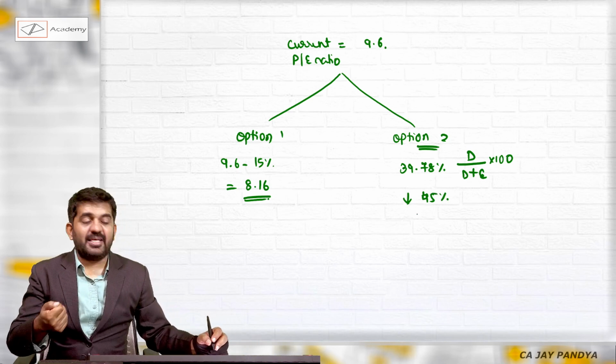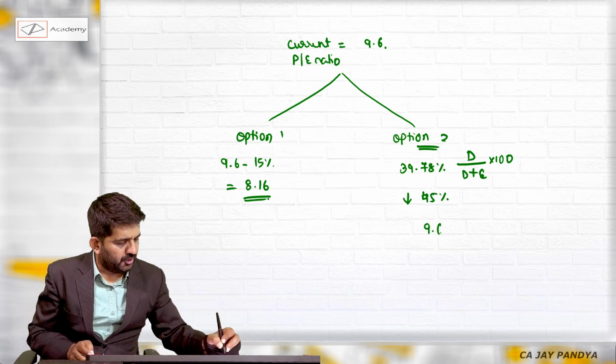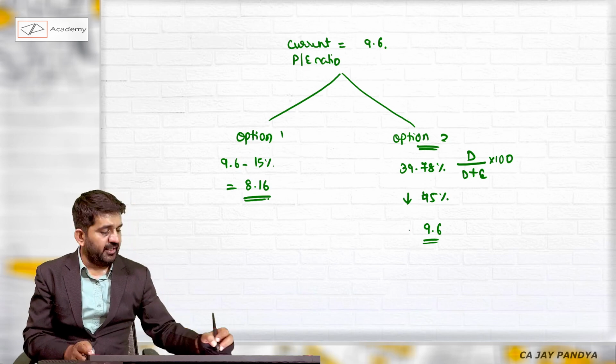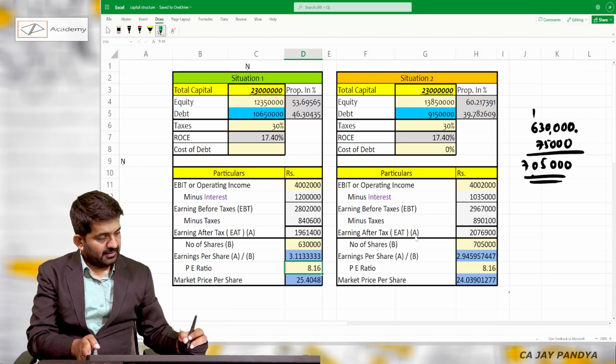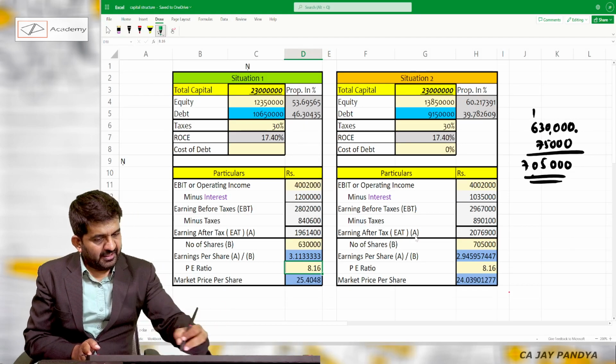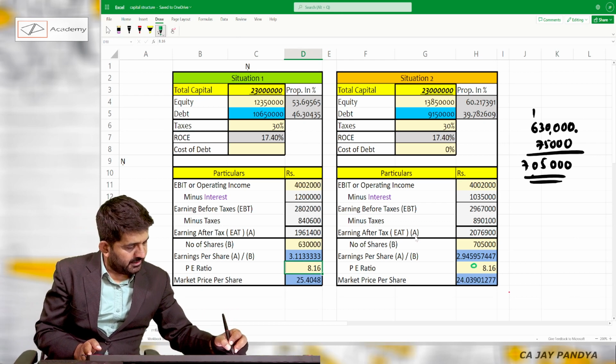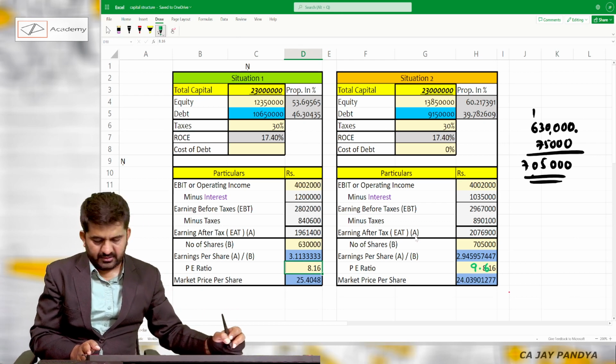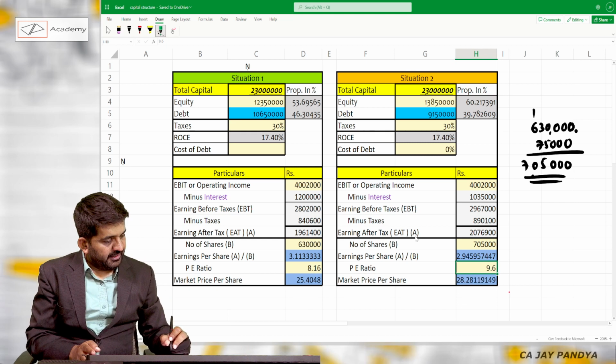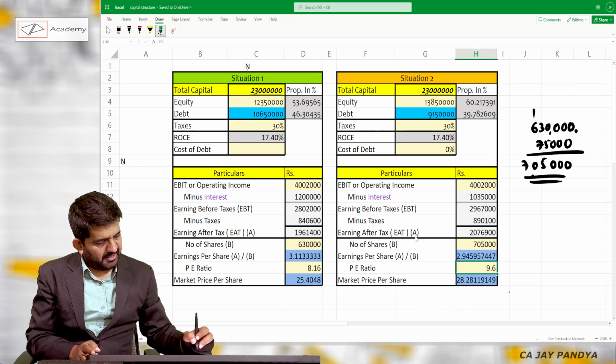So my PE ratio will not change and it will remain the same at 9.6. So here my PE ratio will not be 8.16, it will be 9.6. And so my market price per share will also change.